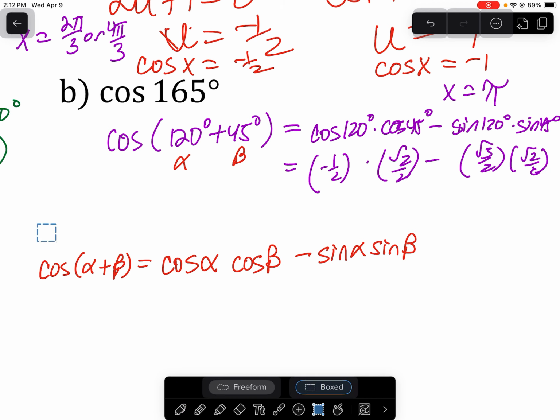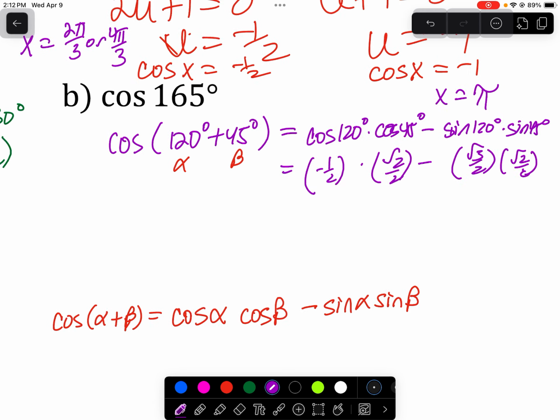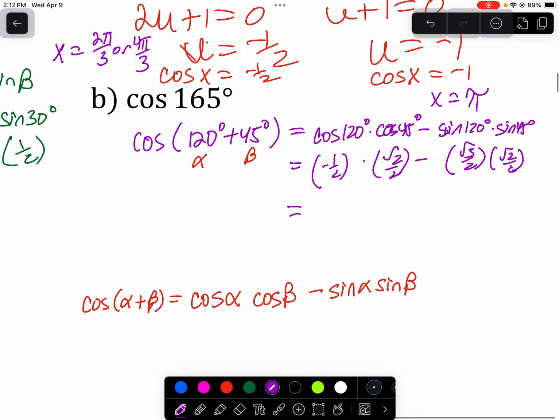Let me move my formula here out of the way. Okay. And now let's just simplify. If I multiply the tops in my first fraction, I get negative square root of 2 over 4. If I multiply the tops in that, distributing that negative in, I get negative square root of 6 over 4. So it's negative square root of 2 minus square root of 6 all over 4.